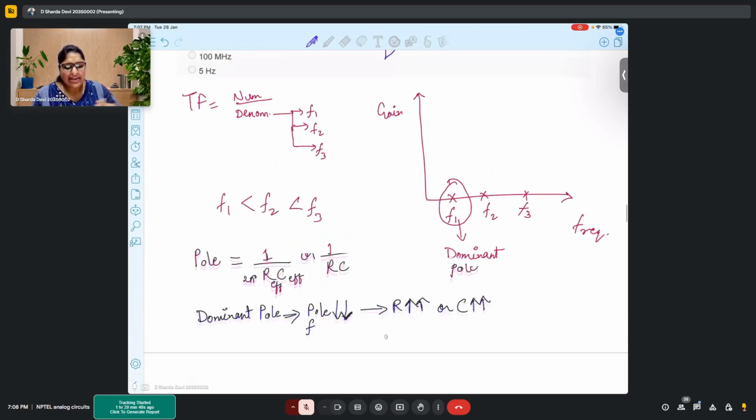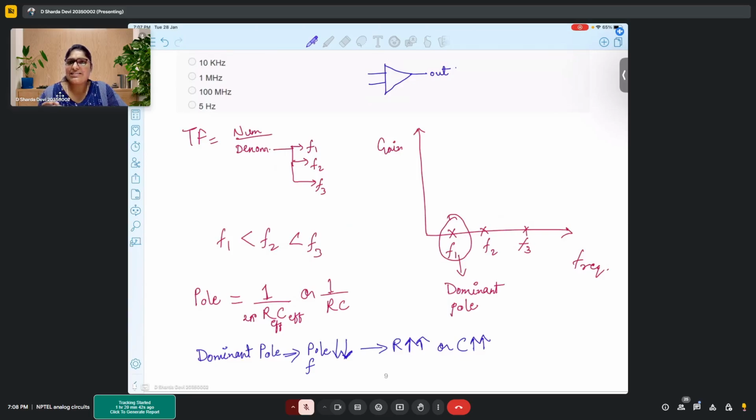Now, considering that capacitance is almost comparable on the input and output side of our op amp, talking about resistance, there is a huge difference between input and output resistance. In the ideal case, input resistance is almost infinity and output resistance is almost zero. In the practical case also, the ratio would be far apart.